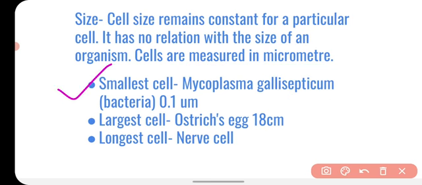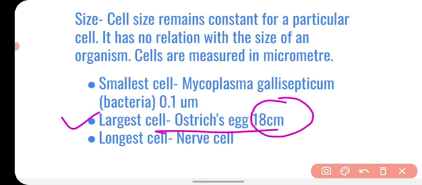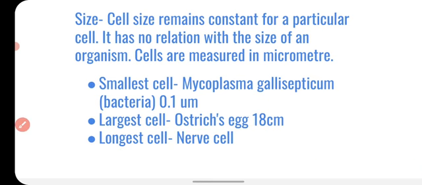If we talk about the smallest cell in the world, that is Mycoplasma gallisepticum, which is a kind of bacteria, and its diameter is 0.1 micrometer. Largest cell is the ostrich egg. It is about 18 centimeter in diameter. Longest cell is the nerve cell, which is found in the human body.